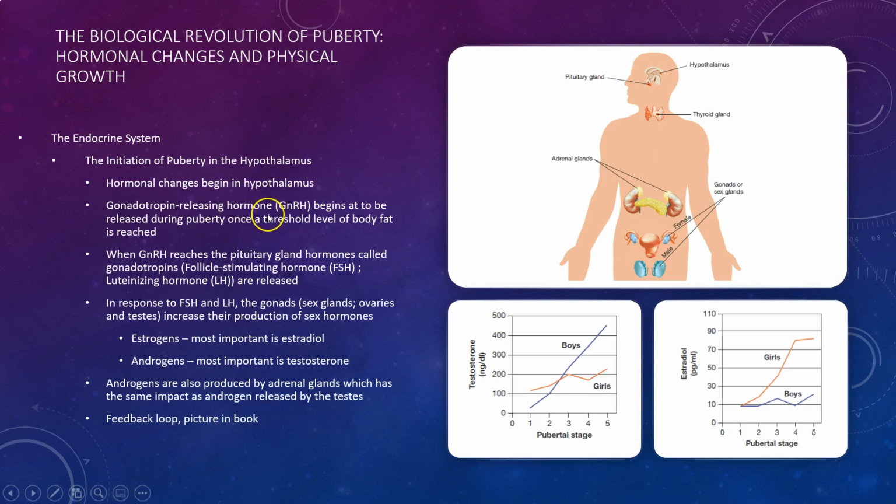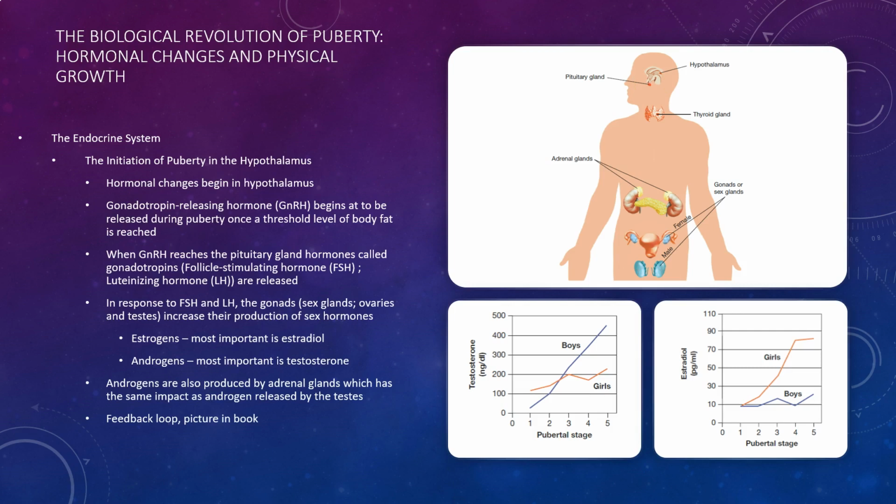So then these gonadotropin releasing hormones reach the pituitary gland, also here at the base of the brain, and they start to produce the follicle stimulating hormone and luteinizing hormone, and those are then released.